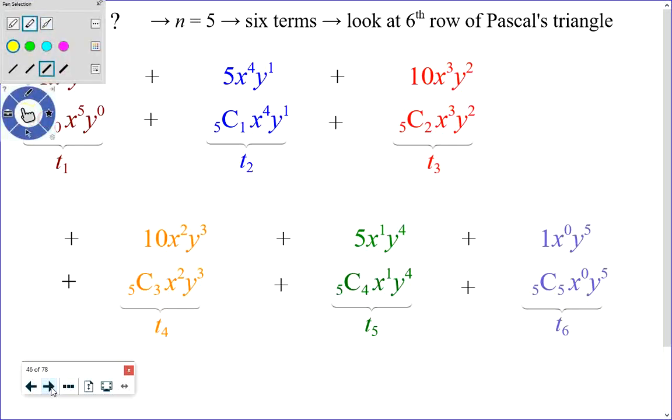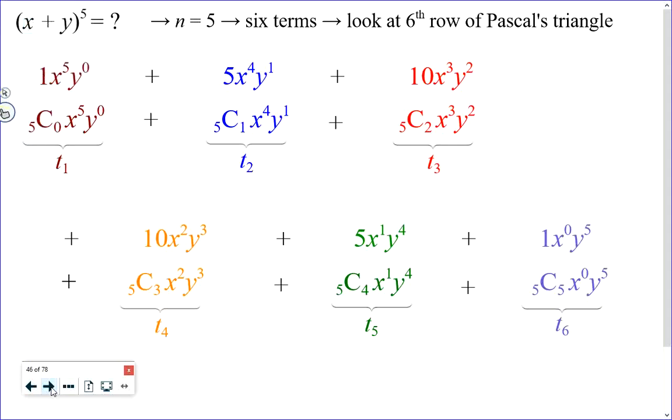The first thing that I would like you to note is that the number you're choosing out of 5 in this example always matches the exponent on y. So when it's 5 choose 2, you're going to have y to the 2. When it's 5 choose 4, you're always going to have y to the 4. 5 choose 5 will be y to the 5.